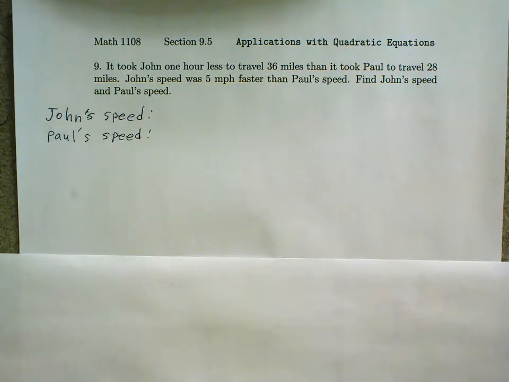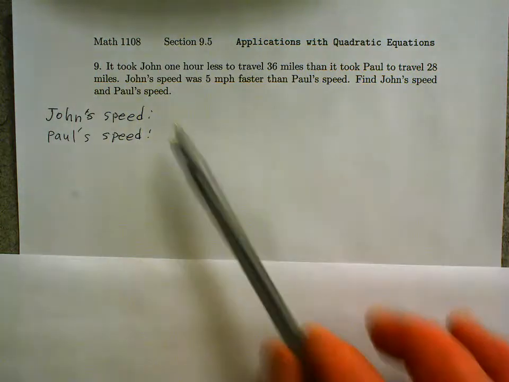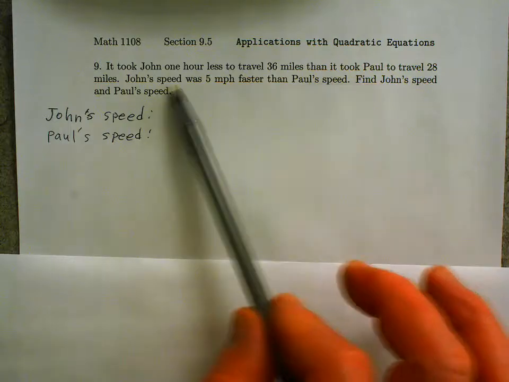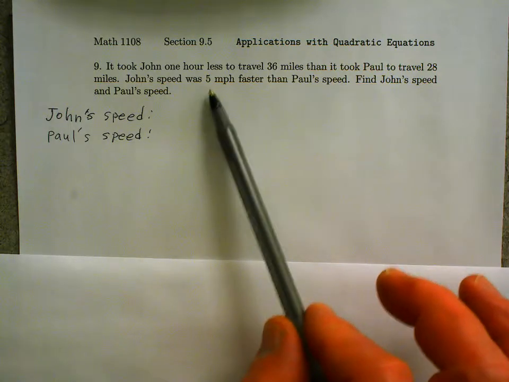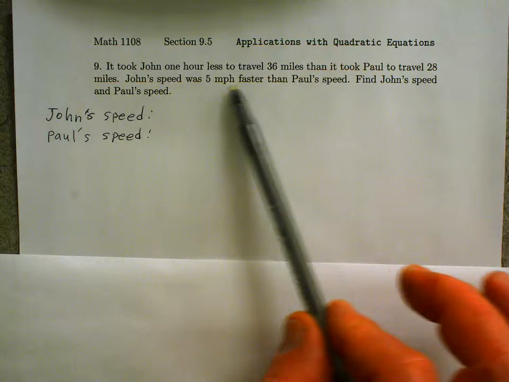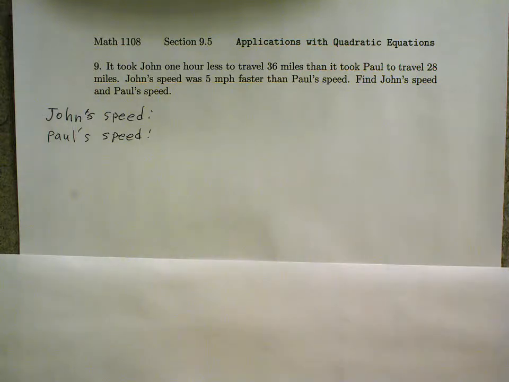So how do we do that? Well, in the second sentence, we're told that John's speed was 5 miles per hour faster than Paul's speed.